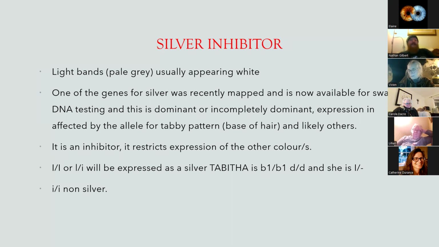But this is the main culprit for silver, the gene that we've mapped, the I gene. It's a dominant gene, so the cat only has to have one copy to appear silver, and you can't tell by looking at the cat whether it's got one copy or two copies. You only know that it either has at least one or it doesn't have one.